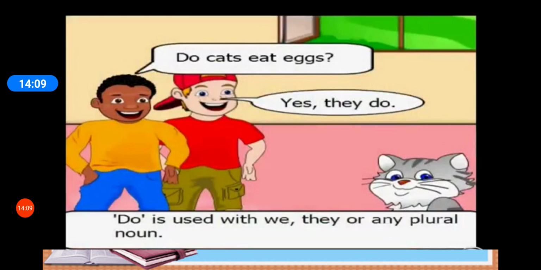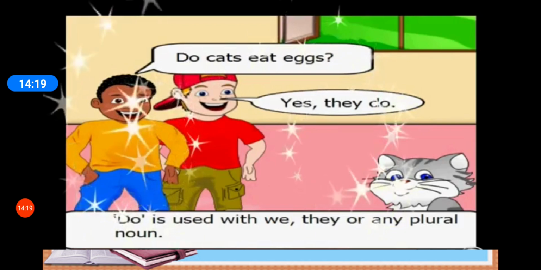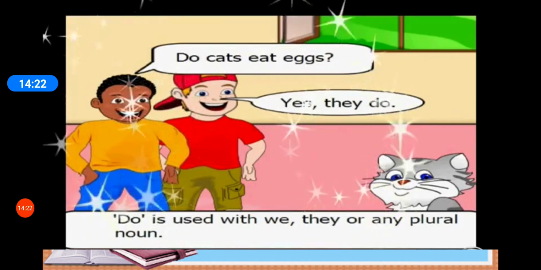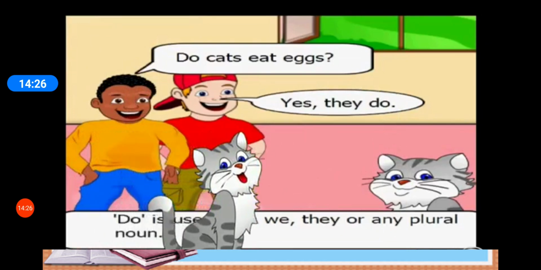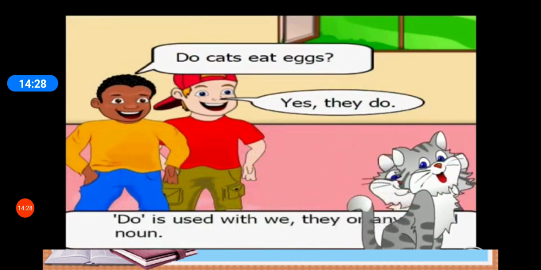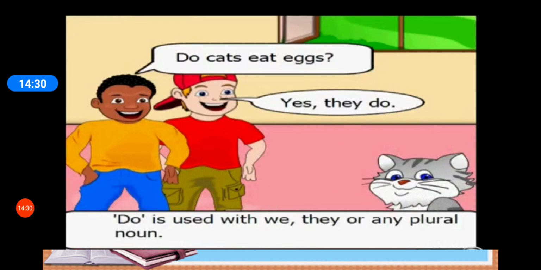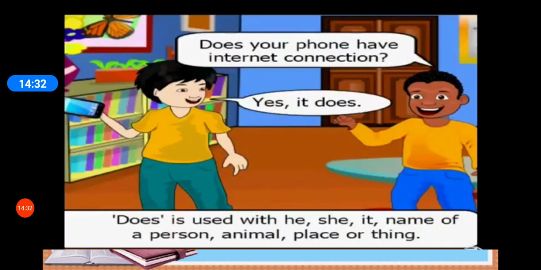Do cats eat eggs? Do is used with we, they, or any plural noun. Cats, it's plural form of cat. It means more than one cat. Yes, they do means the answer is yes, they eat eggs. Does your phone have internet connection?